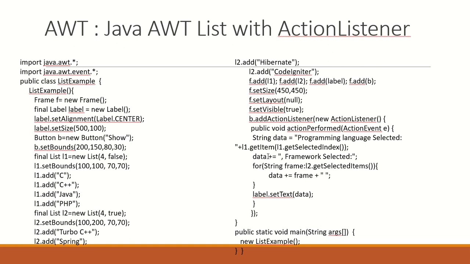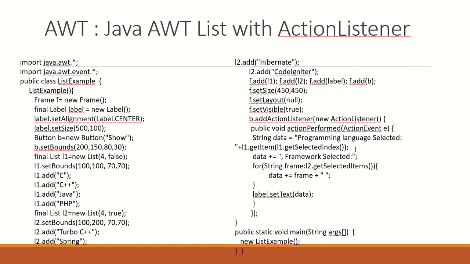When you select something from a list, you will have to use the index. How can you do that? Here you can see that there is a method called get selected index. If the user selects C++, then it will have an index of 1 or 2 based on the architecture. That index value will be returned by the get selected index method.